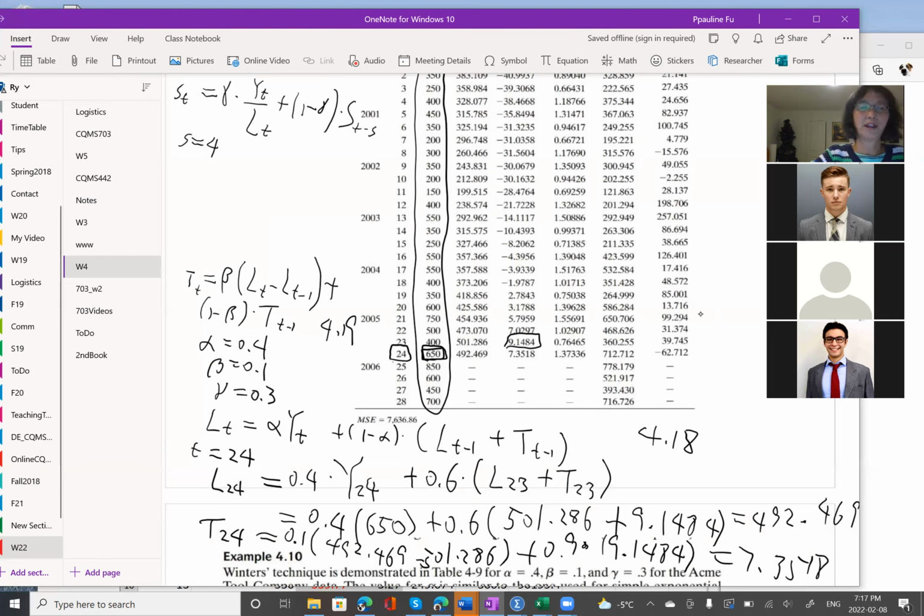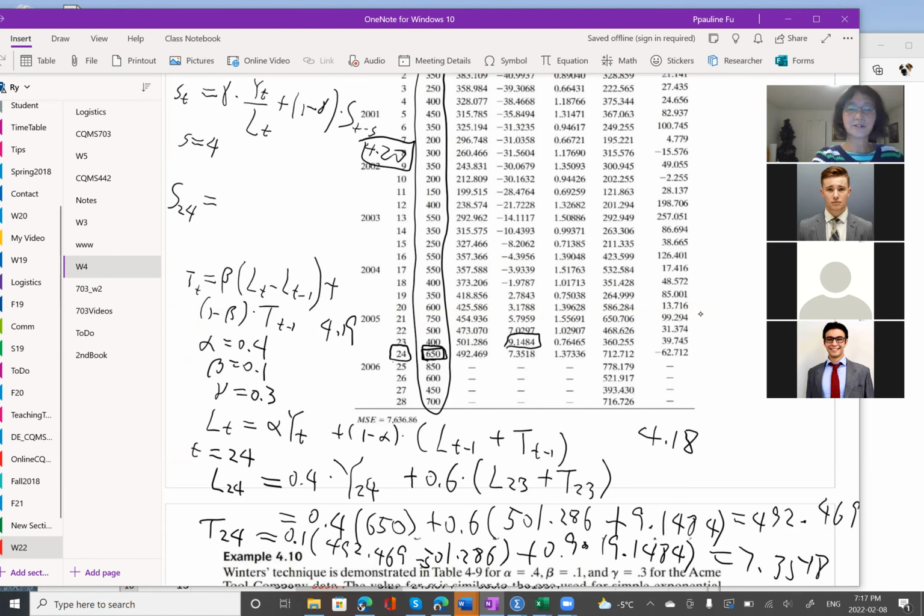Okay, so we have a formula. This is the 4.20 formula. Now we want to calculate S24. So S24 equal to gamma.